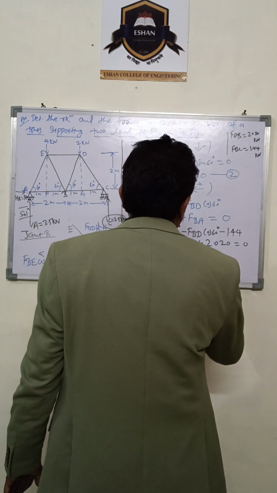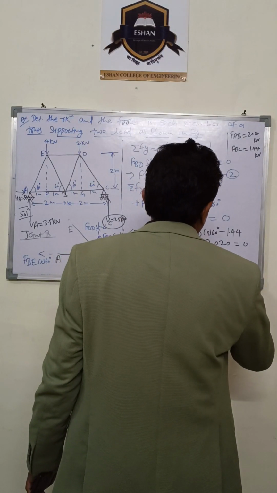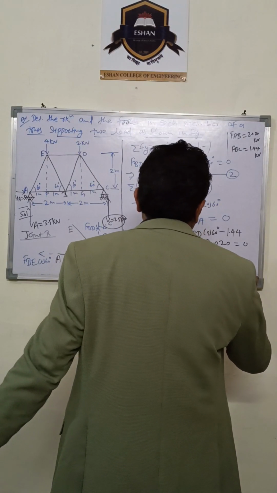After calculation, FBD minus FBE equal to 1.16. Take this as equation 3.